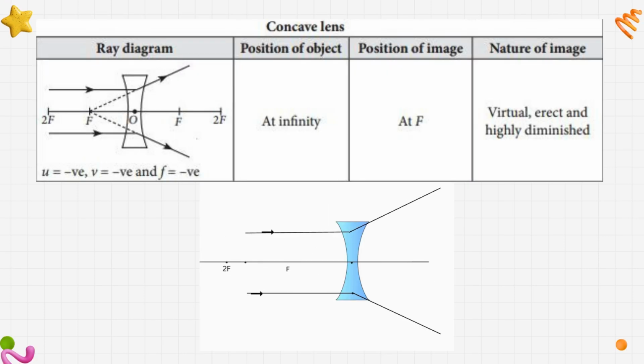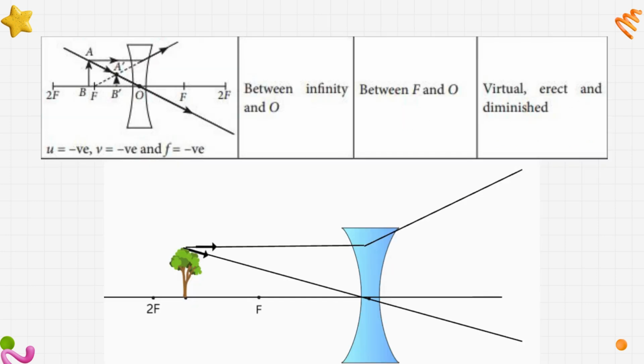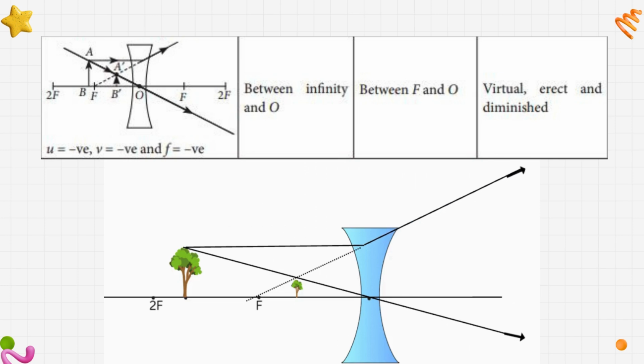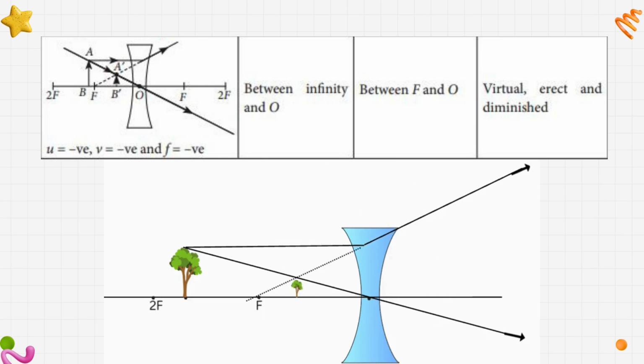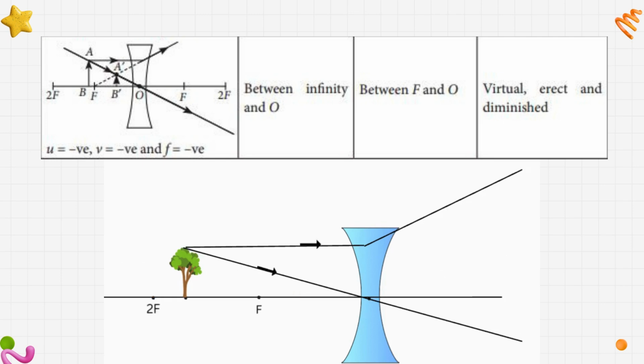In the case of concave lenses, when the object is at infinity, the image will be formed at the principal focus, and it is virtual, erect, and highly diminished. When the object is placed between infinity and the optical center, the image will be virtual, erect, and diminished, and it is formed between the principal focus and the optical center.